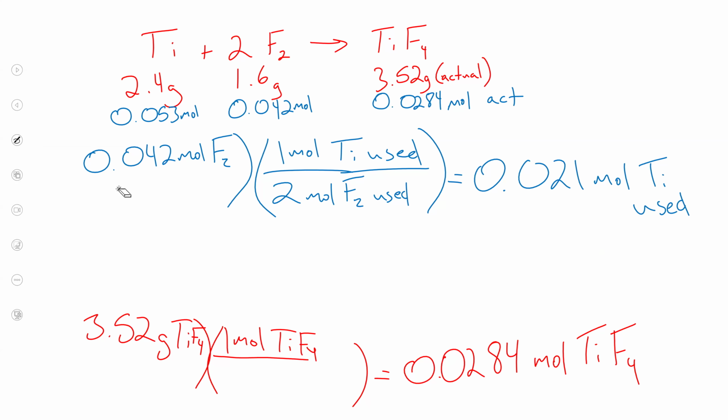Alright, so we know how much titanium is used, and we know how much we started with, so we can answer that excess reactant piece, right? We have 0.053 moles of titanium. We're going to use 0.021.